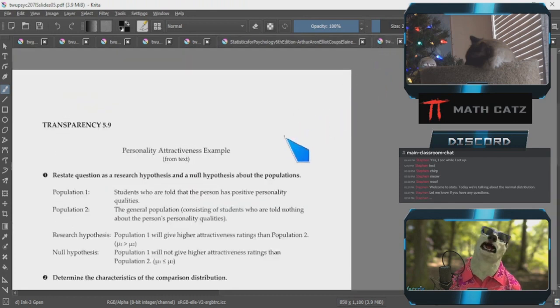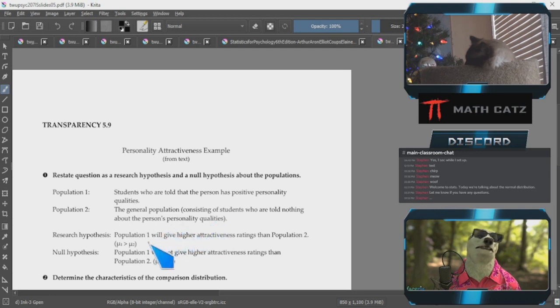So now we're going to set this up, and we're trying to compare students who are being told that the person has a positive personality, or positive personality qualities rather, against people that are told nothing.